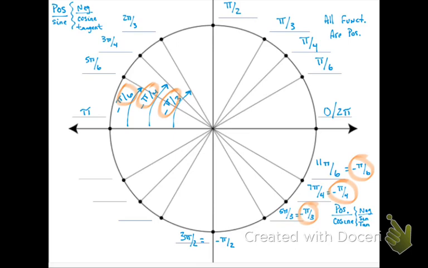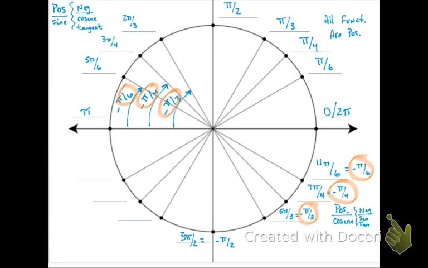Those are giving you where your reference angles are. We want to rewrite anything that's not in our original interval as pi over 6, pi over 4, pi over 3, or negative pi over 6, negative pi over 4, negative pi over 3. We want to put it into our interval, or be able to rewrite it to where it is in our interval. Does that make sense?